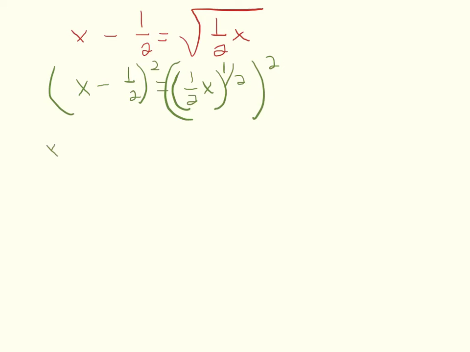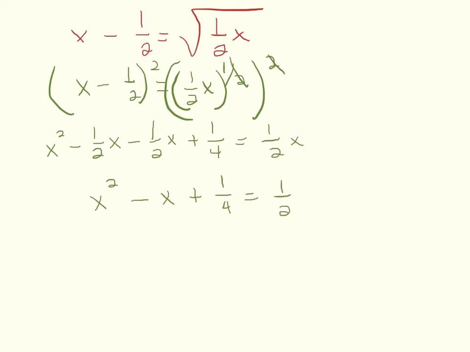So I have to do x squared minus 1/2 x minus 1/2 x, and that's how you FOIL. If you need to check the FOIL, please make sure that you do. That equals 1/2 of x, because that cancels out. So this is minus 2/2 x, so this is x squared minus x plus 1/4 equals 1/2 of x.